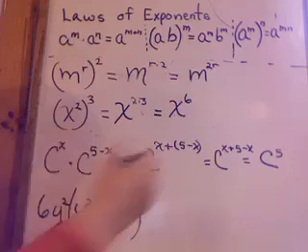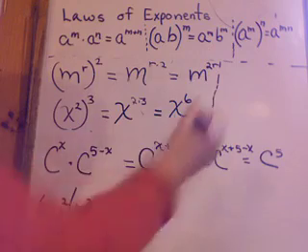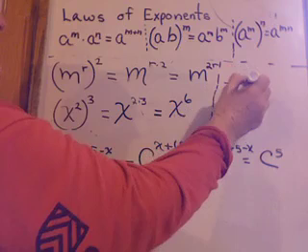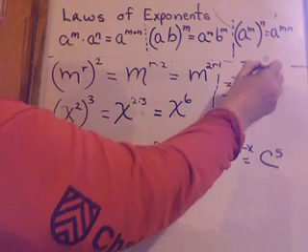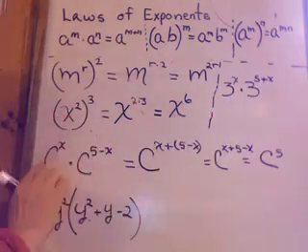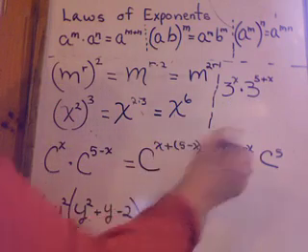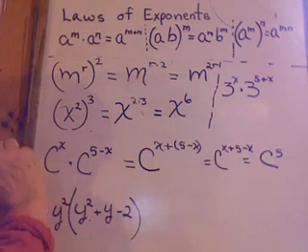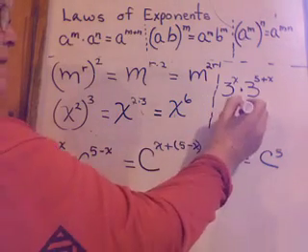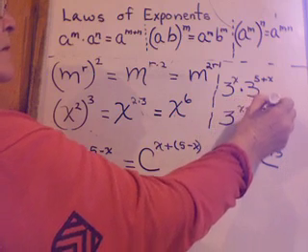You know, I want to do another example of one like that when the bases are the same. This time I'm going to have the bases be a number though. So 3 to the x times 3 to the 5 plus x. Okay, if the bases are the same, I add the exponents. So I write the base 3, and then I add x plus 5 plus x.